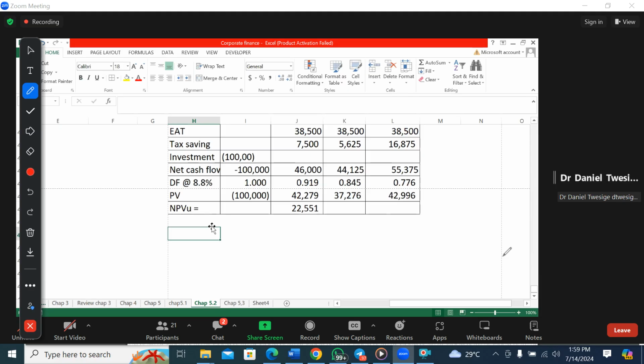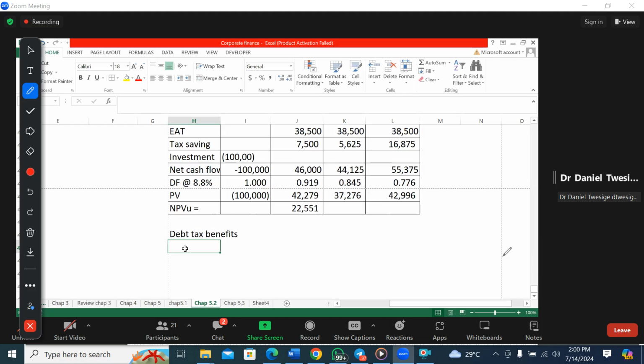The next is to get the debt tax benefit, or the benefits of debt. Now, the debt tax benefits.